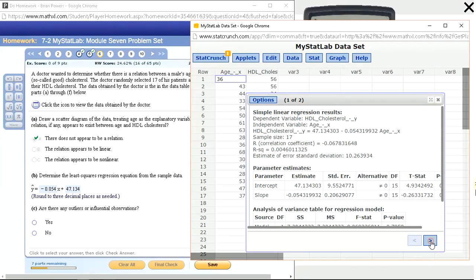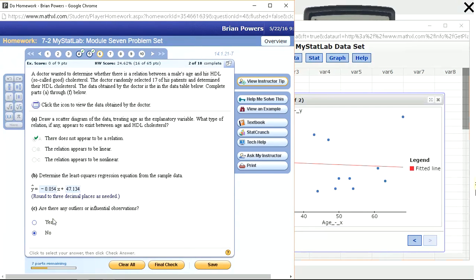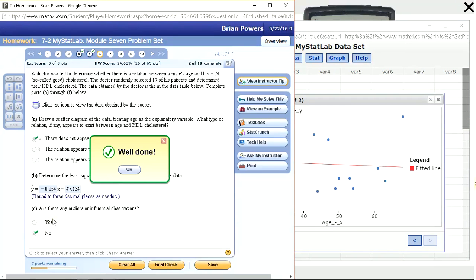If I had clicked right, I would have gotten this. So anything influential is something that is particularly far away from the trend line, but because everything is pretty spread out anyway. I mean, this one point would be influential if the rest of this stuff didn't have such a poor trend line to begin with. But because it's also poor, I would say that there really isn't any influential observations.